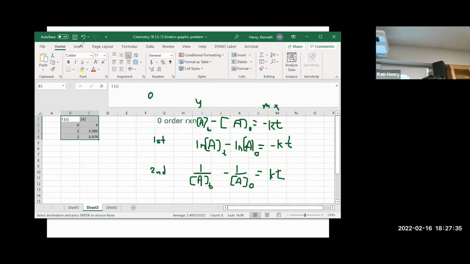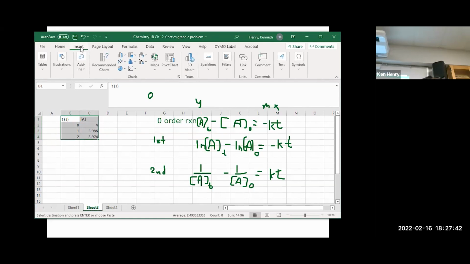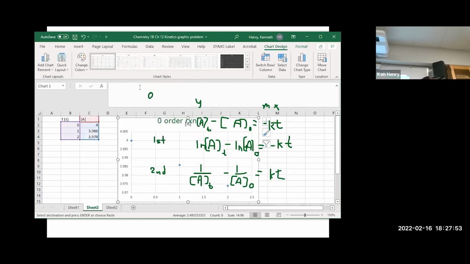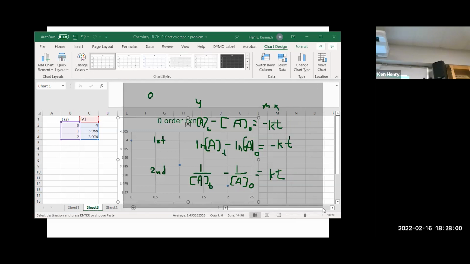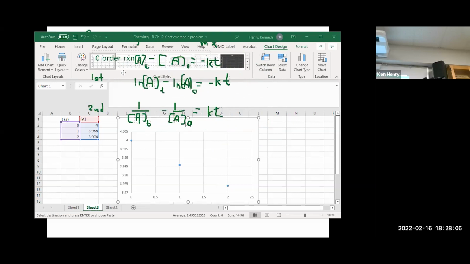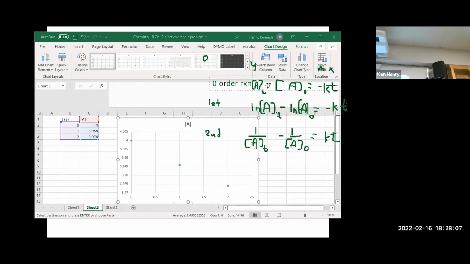So all you're going to do is insert your chart, and choose a scatter plot.